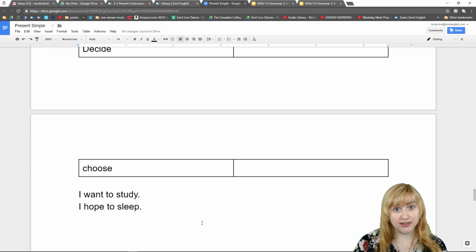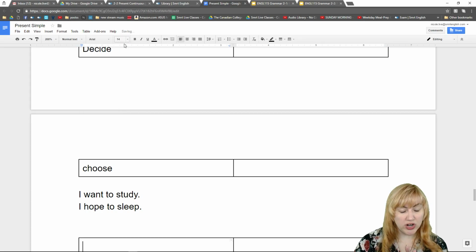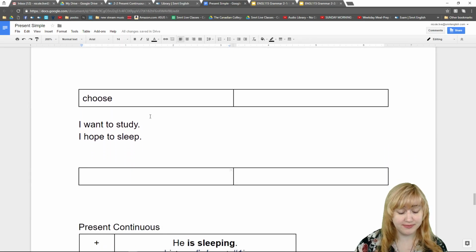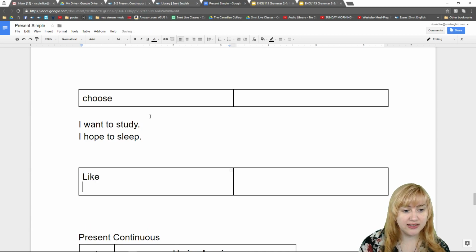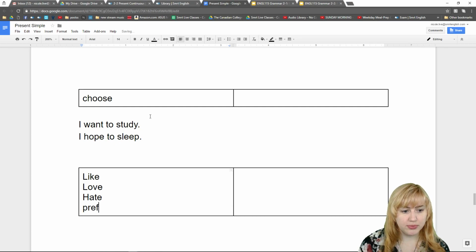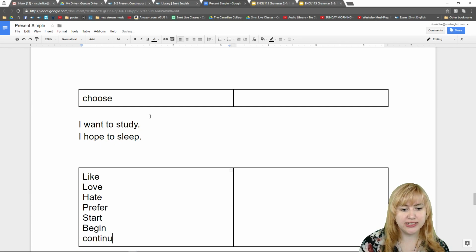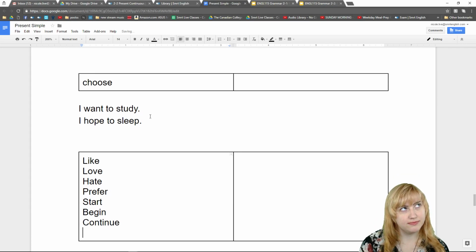Now there are some verbs where it doesn't matter if you use to or ing, but it's a very short list. I think there's only maybe 8 in all of English, where you can choose whichever one you want. And these are like, love, hate, prefer, start, begin, continue. I think that's it. Maybe there's just 7.